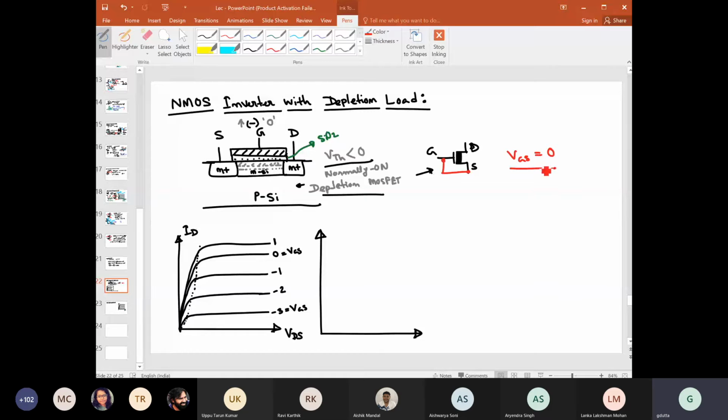If VGS equals 0, and that is always true as long as you have connected this, the transistor is always on. So in that case, among these many characteristics, we have to only consider this one, isn't it?